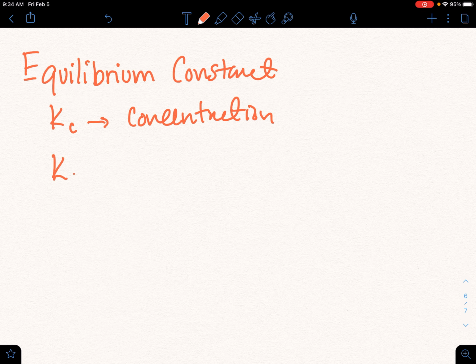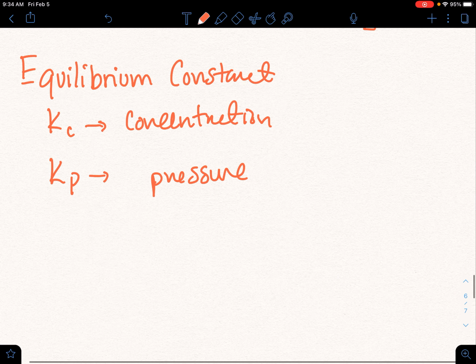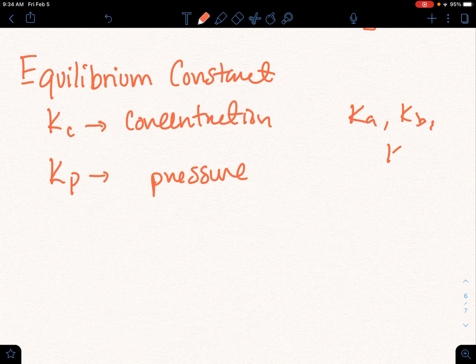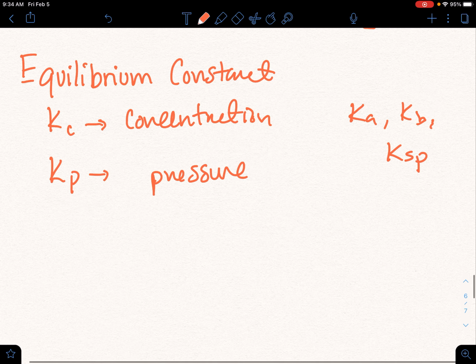We also have Kp, which is related to pressure, which we're going to deal with soon. Later in the section, next section, we have a lot of other Ks. We have lowercase Ka, we also have Kb, and we also have Ksp. And they're all different. There's a lot of Ks in this semester.